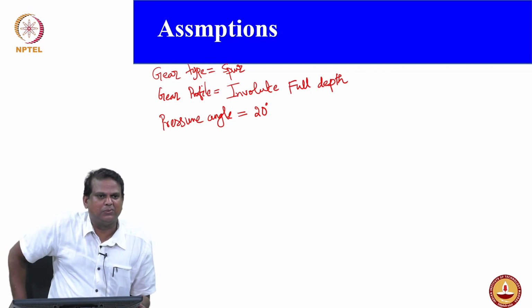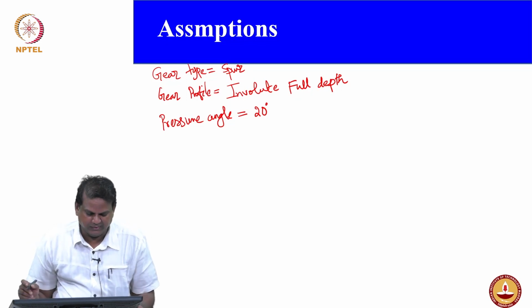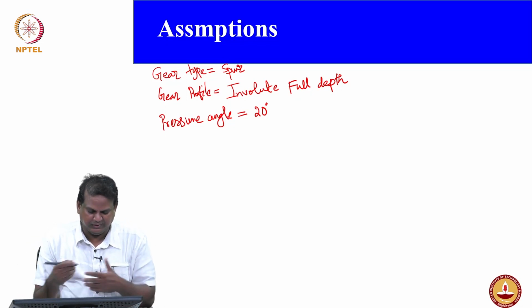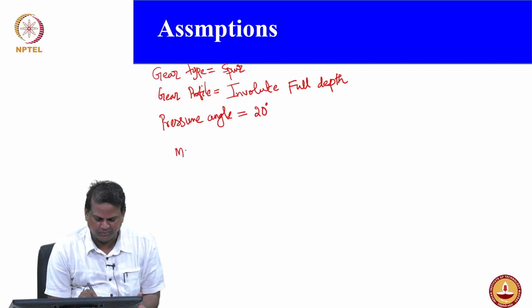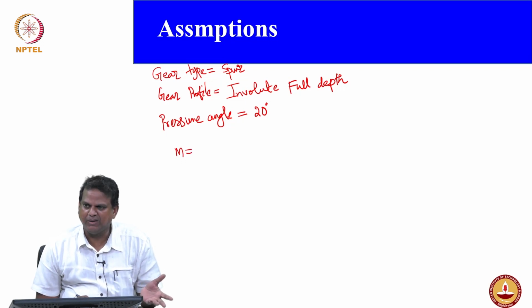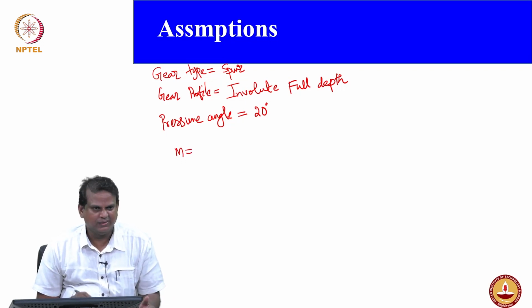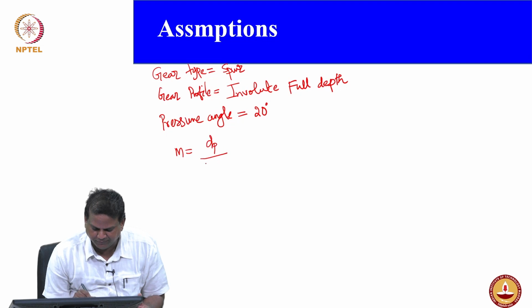Of course, you need to know your basic formula. Though the module is not given, we are not going to calculate it, but using that we will derive other information. So, the module equation: m equals pitch diameter d suffix p divided by number of teeth z.